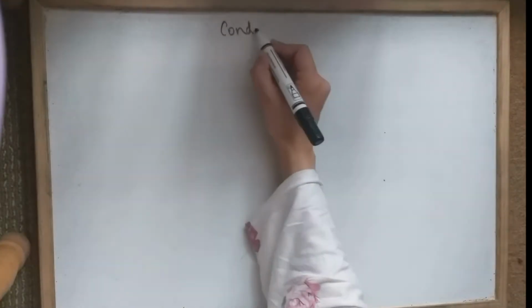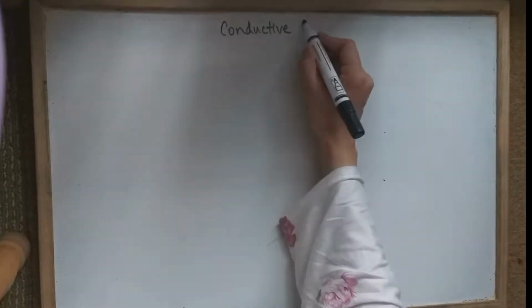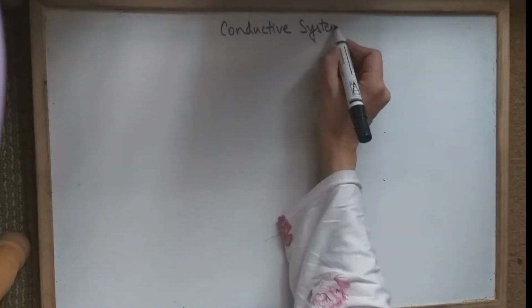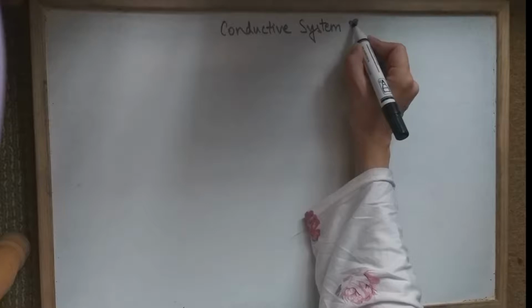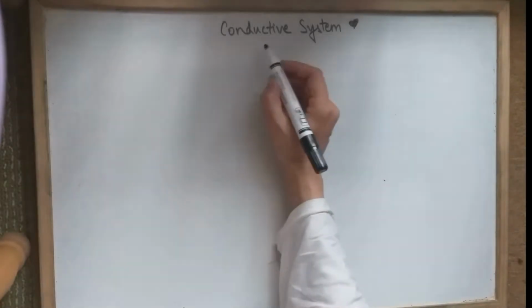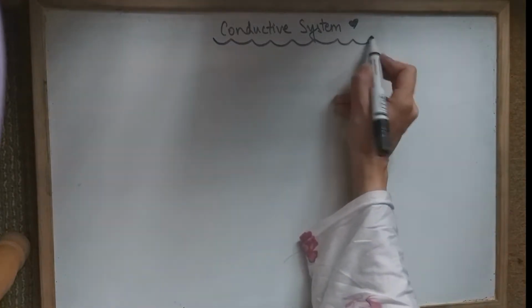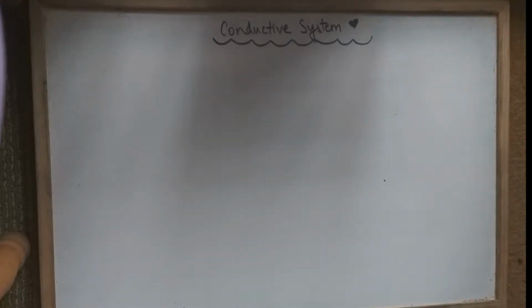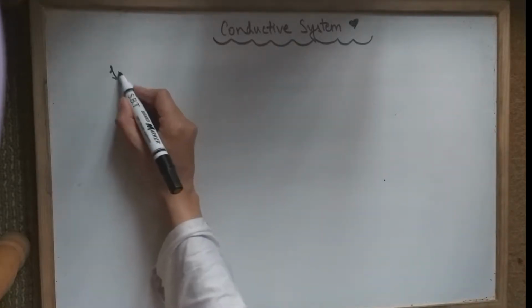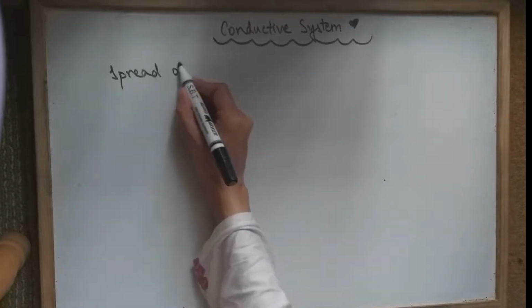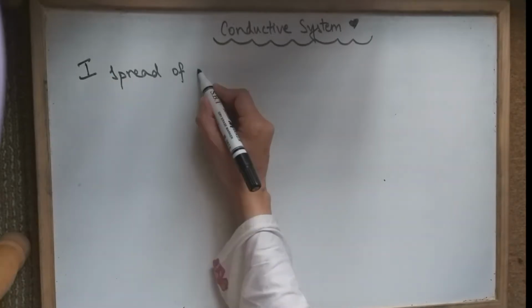Today we will be doing a topic on the conductive system of the heart, and we will split it into 4 different parts. So the first one is about the spread of the electric impulse.